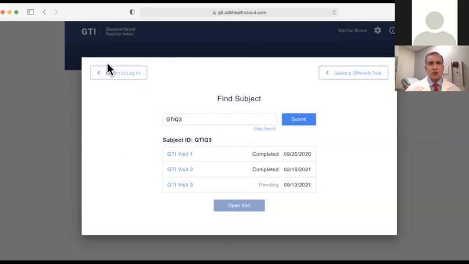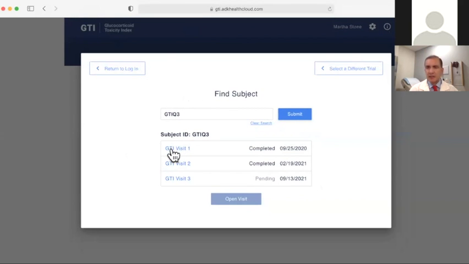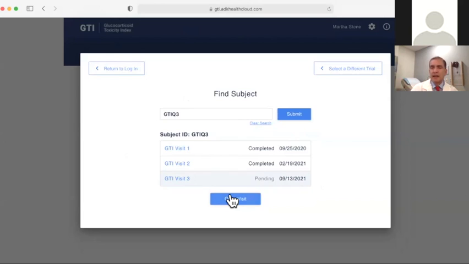This is the digital platform of the GTI. We have entered the patient's first 2 visits. So this is a hypothetical patient who was enrolled in a clinical trial that is, say, 1 year long. And the baseline visit, GTI visit 1, was completed about a year ago on the 25th of September 2020.